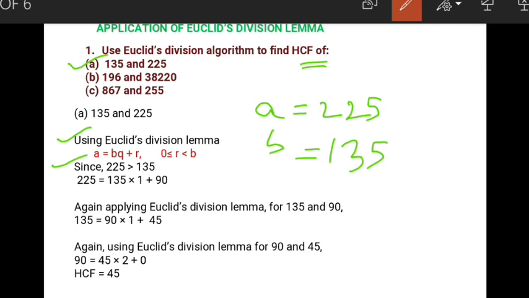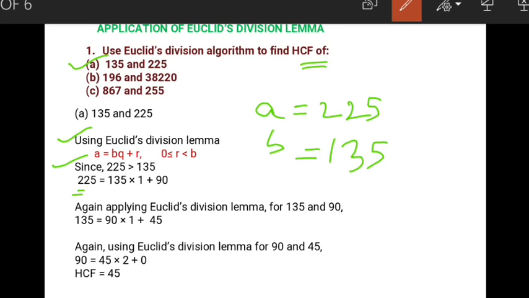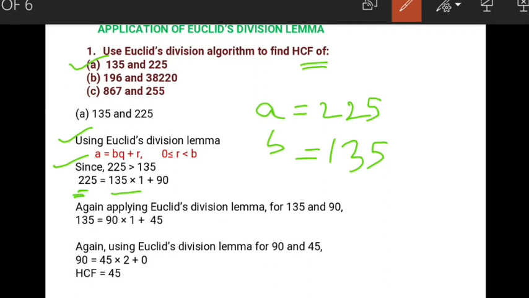So 225 = 135 into 1. Why have I done into 1? If you multiply into 2, 135 into 2 is bigger than 225, and we cannot have a negative number, since the condition of r is that it is not negative. So we can only do into 1.